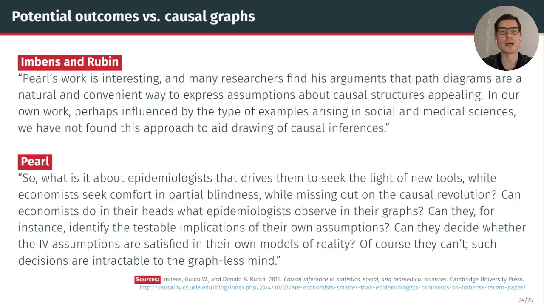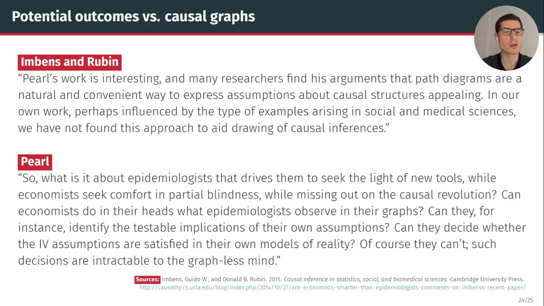Many researchers find his arguments that path diagrams are a natural and convenient way to express assumptions about causal structures appealing. In our own work, perhaps influenced by the type of examples arising in social and medical sciences, we have not found this approach to aid drawing of causal inferences. So that's one of the perspectives in one of the camps.